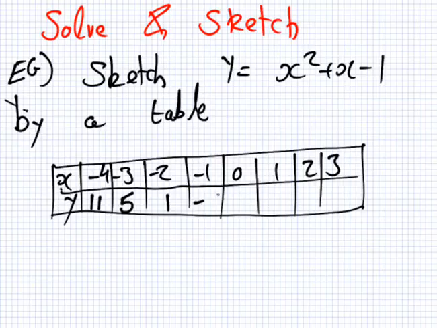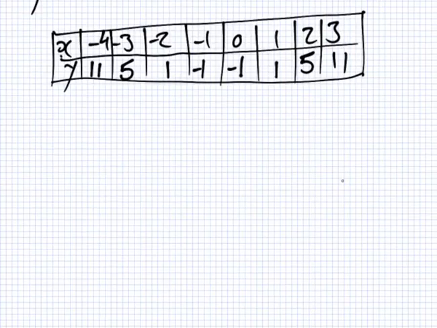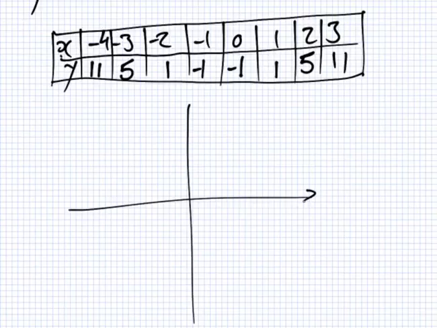Minus 3 squared is 9, minus 3, 6, minus 1, 5. Minus 2 squared is 4 minus 2 is 2, minus 1 is 1. Minus 1 squared is 1, minus 1 is 0, minus 1 is minus 1. And this is minus 1 again. And then this is 1, 5, 11.